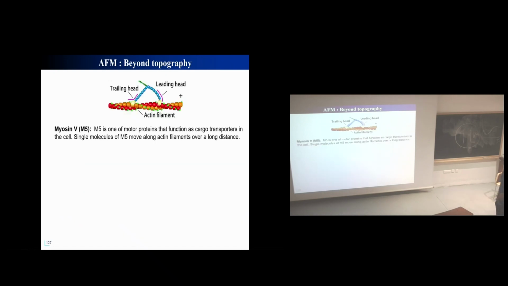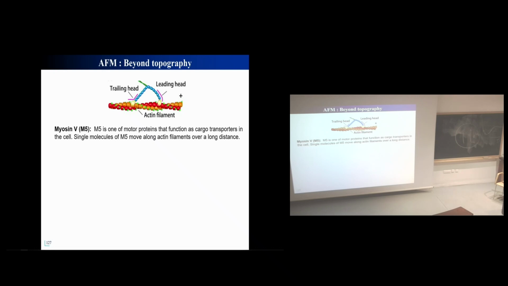And I want to finish with that. This is the last slide. This is life science. It is known that myosin 5 is a molecule used as a motor protein that will transport things inside the cell, running around actin filaments.